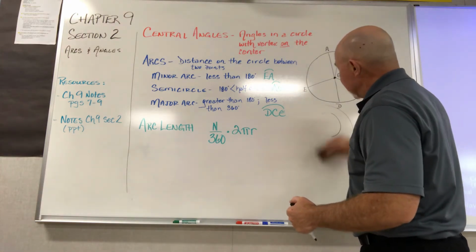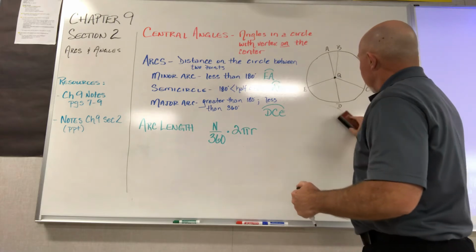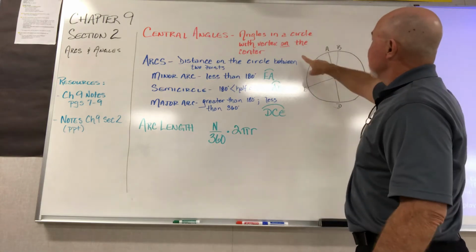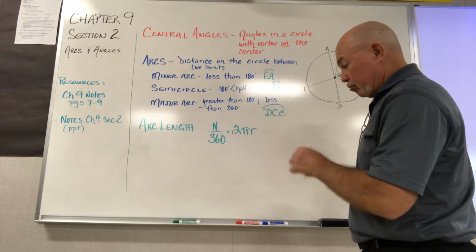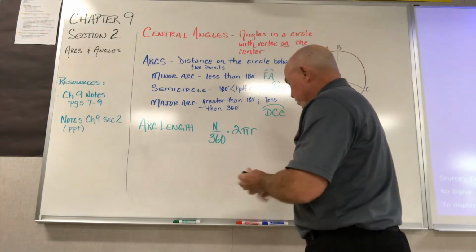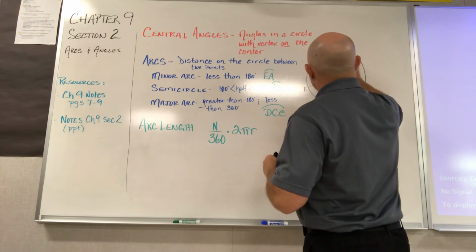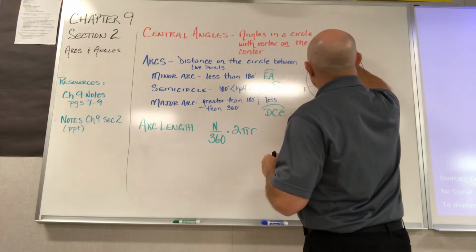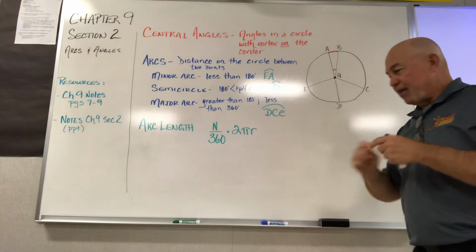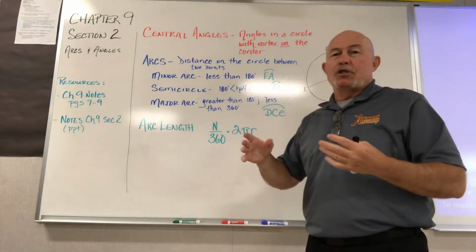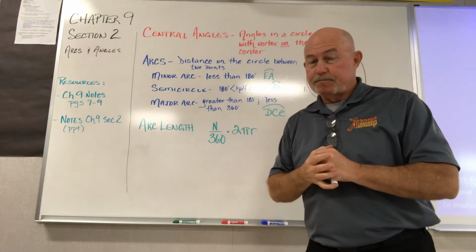Okay? So that's why a central angle is equal to the arc it forms. Okay? Central angles are equal to the arc they form. And they're going to be degree measures, but we can do better.